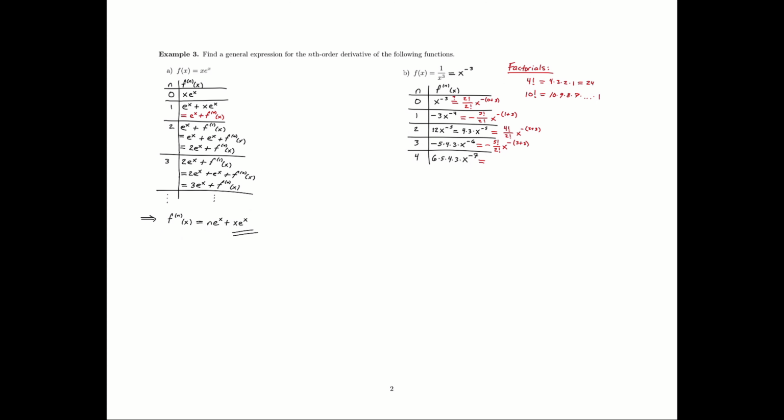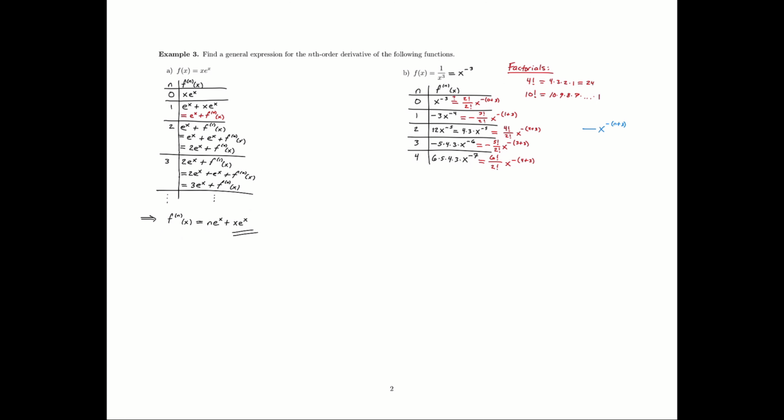So here, this would be, it seems, 6 factorial over 2 factorial x to the negative 4 plus 3. So it looks like we have this figured out. So it looks like for us, the pattern seems to be x to the negative n plus 3.